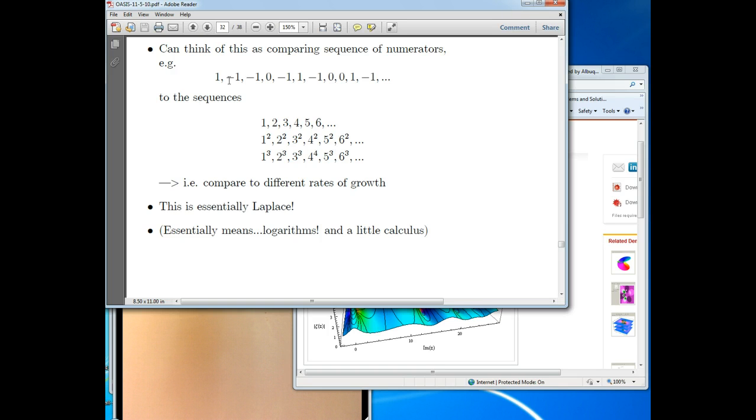So suppose I have an interesting sequence of numbers. Usually they come out of interesting number theory problems, like this bizarre series of 1s, 0s, and -1s. And what I'm doing is I'm basically comparing them to the possible denominators I could get.